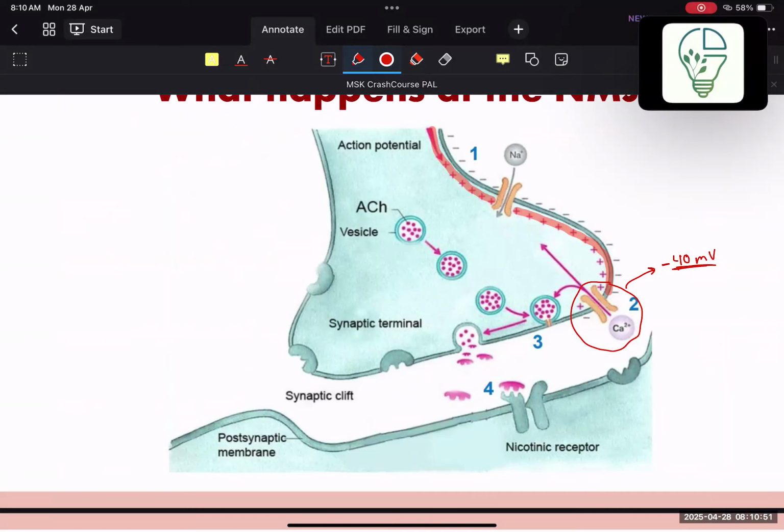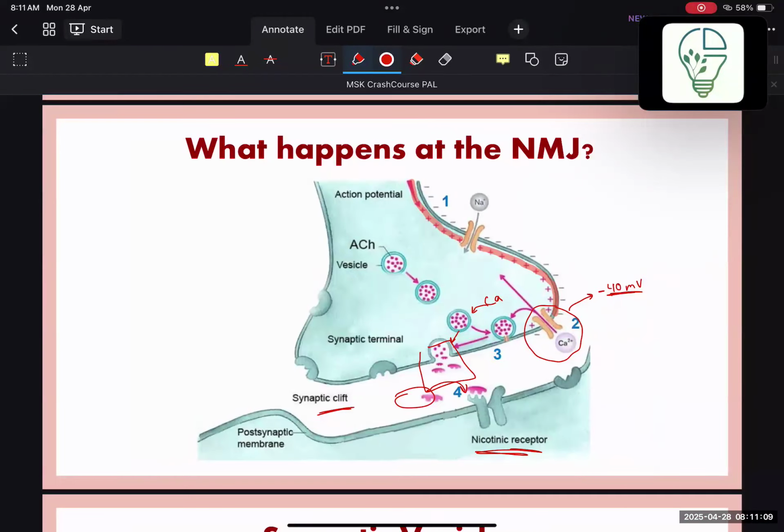Once these open, calcium comes inside the cell, it binds to the vesicle. Once it binds to the vesicle, it will fuse with the membrane, and now you have released acetylcholine. Acetylcholine from the synaptic cleft, it just floats around, and then it will bind to the nicotinic receptor at the postsynaptic membrane. And this is the first part of our lecture.